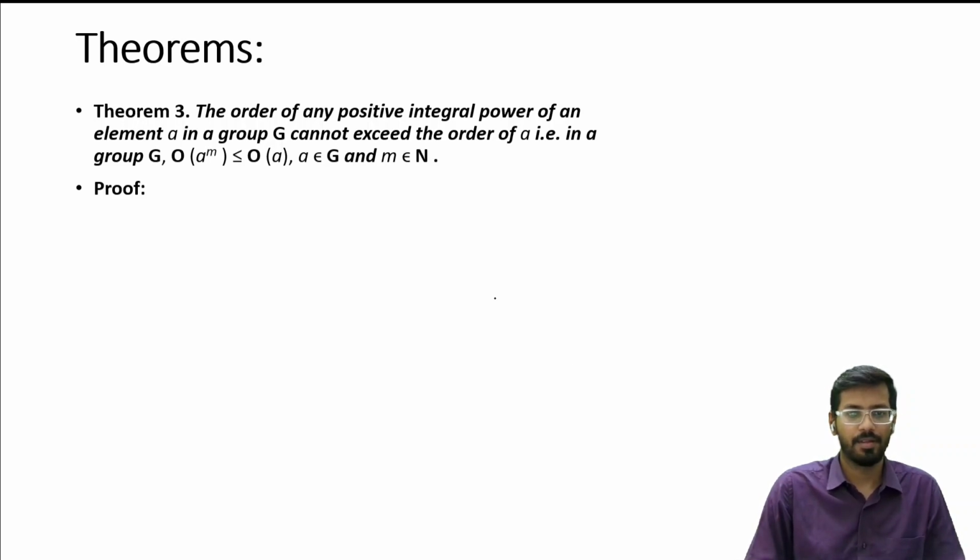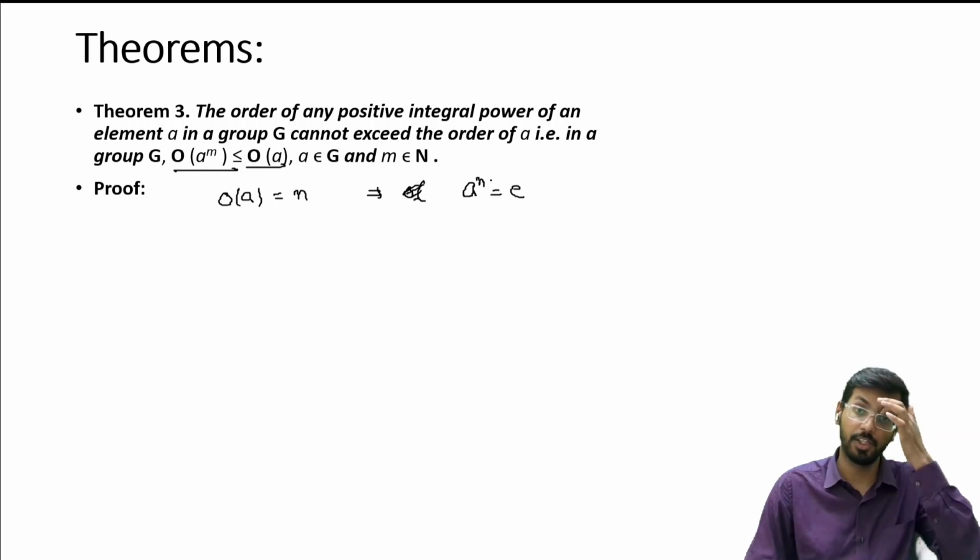Here the order of any positive integral power of an element A in a group G cannot exceed the order of A. That means order of A raised to power m is less than or equal to order of A. Okay, so similarly, we take order of A is equal to n, or we can say A raised to power n is equal to E, where n is the least positive integer.